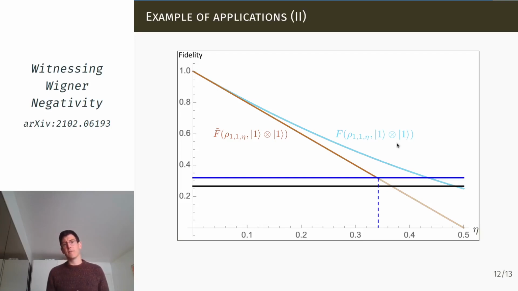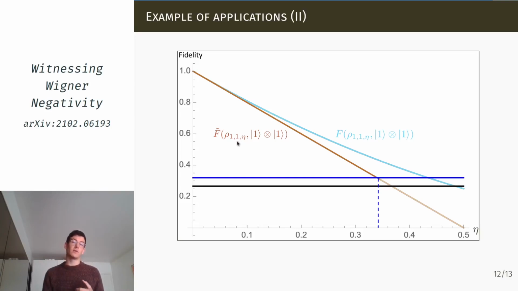Another example of application is if we go to multimode, because I said that all the results in the paper can be generalized to multimode. And so what we computed here is the detection of the negativity for a lossy 1-1 state, okay?